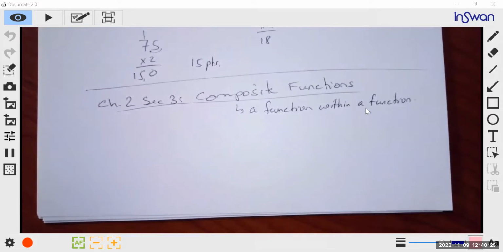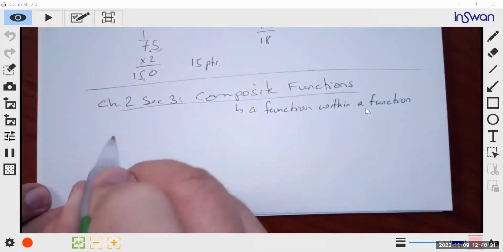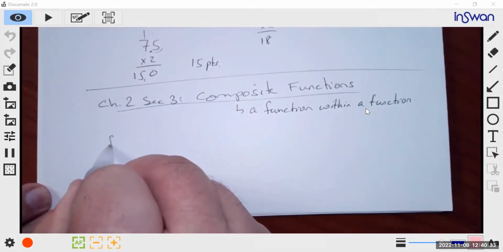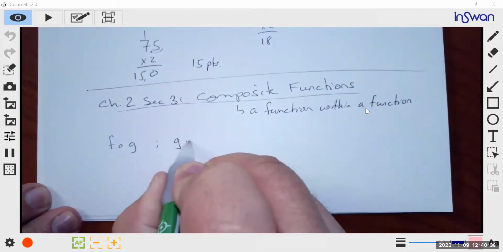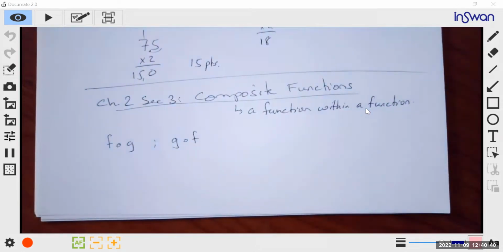So what does that mean? We have 2 types. Sometimes you'll hear people talking about, when they talk about algebra, what's called the fog and Goff.